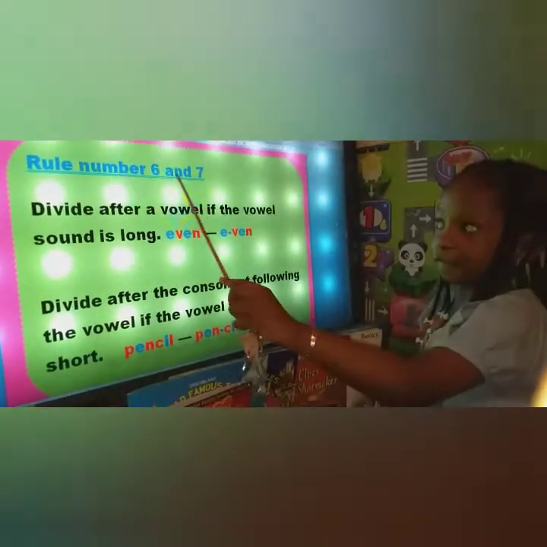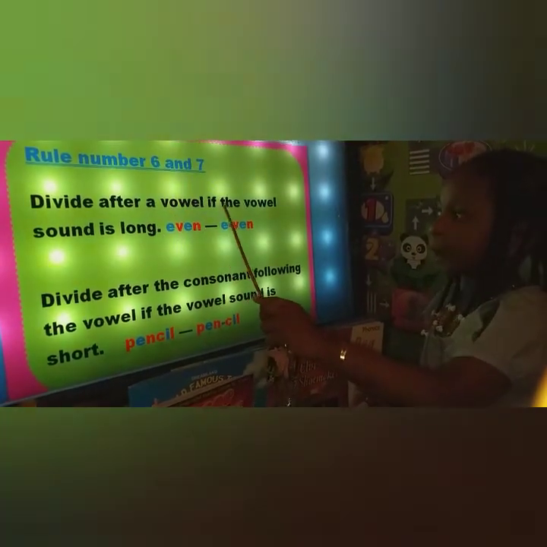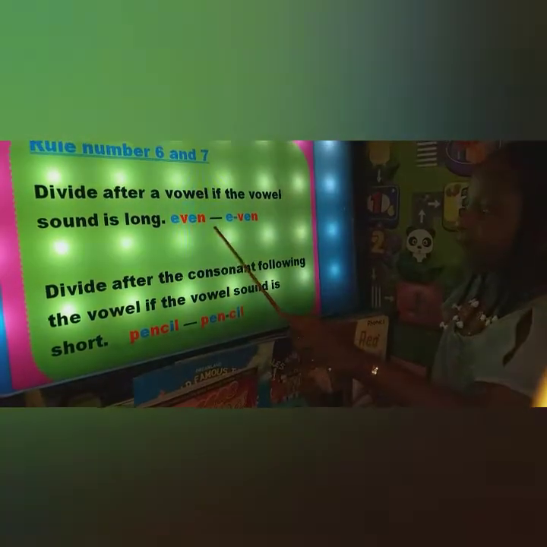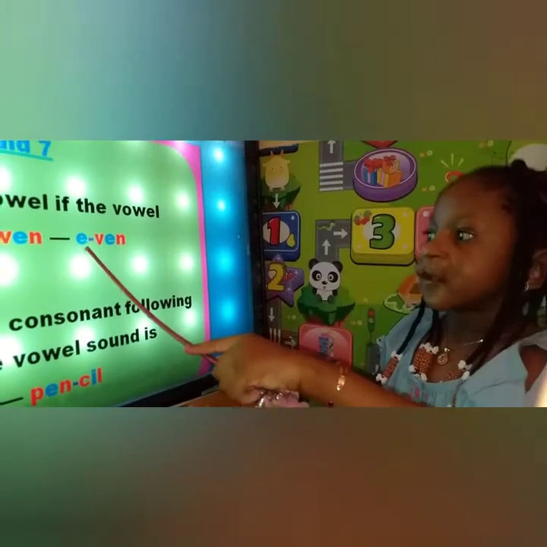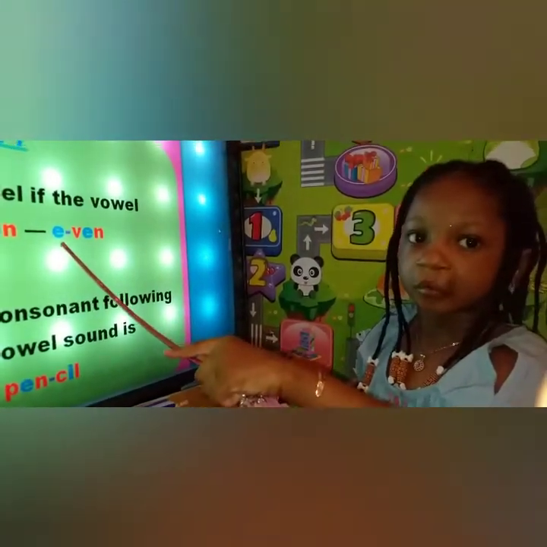Rule number 6 and 7. Divide after a vowel if the vowel sound is long. Even. This E gives the long vowel E sound.